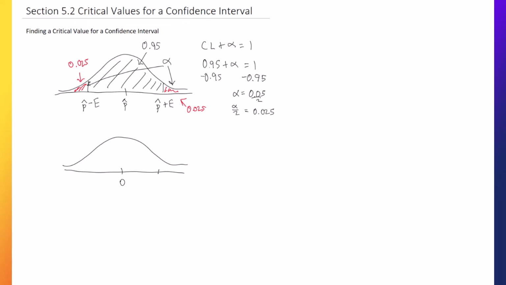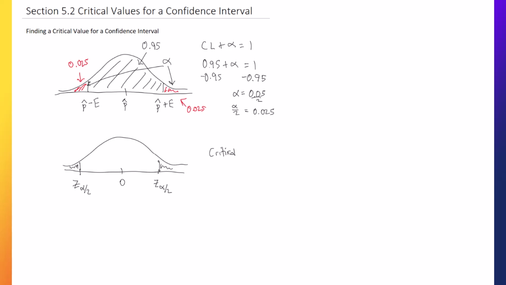We're looking for some scores on each end, and these are going to be the negative z alpha over 2, and then z alpha over 2, that are going to give us these spots here. But this is relating back to something that we have done, and we know the area in these tails is 0.025.